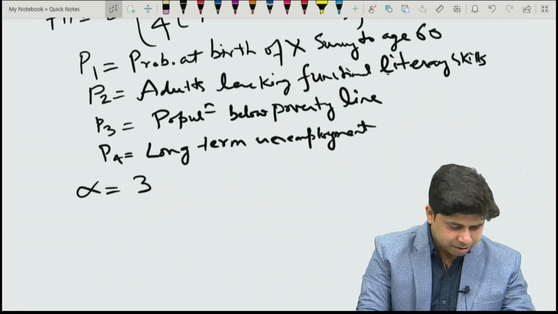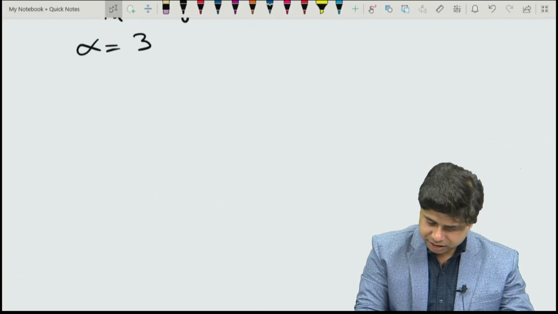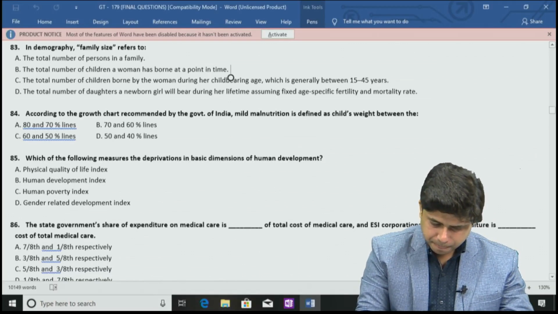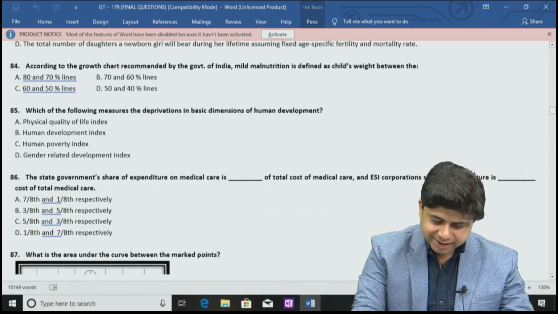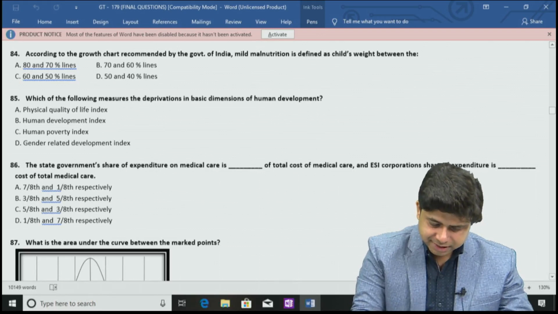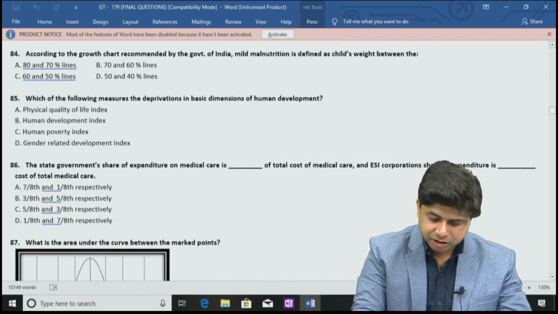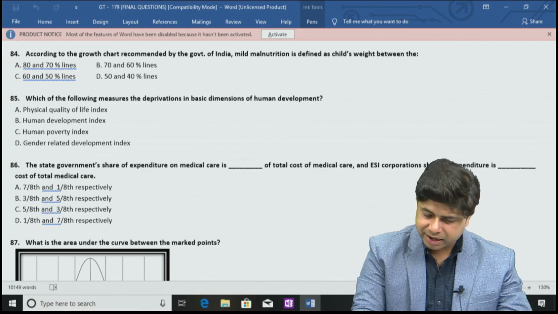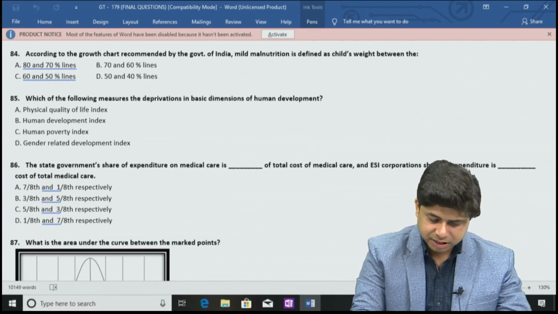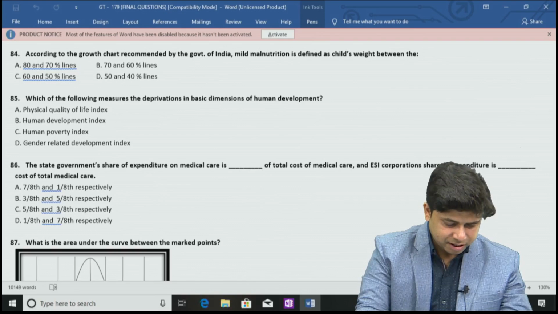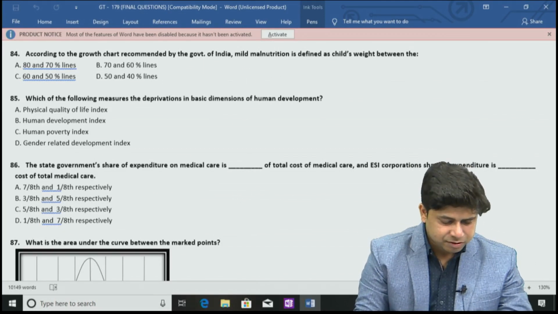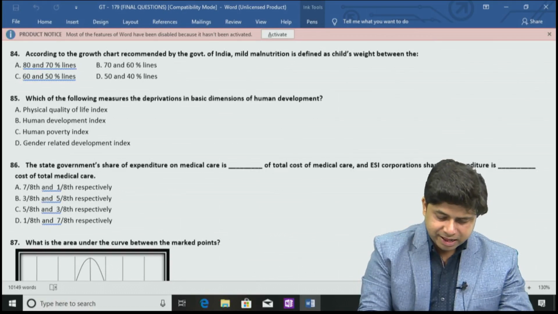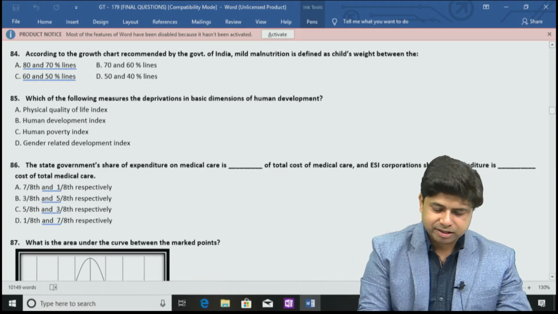Let's go to question number 86. The state government's share of expenditure on medical care is what part of the total cost of medical care, and the ESI Corporation's share of expenditure is what part of the total medical care cost? This is a fact-based question. So the answer to this question is D, that is 1/8 and 7/8 respectively.